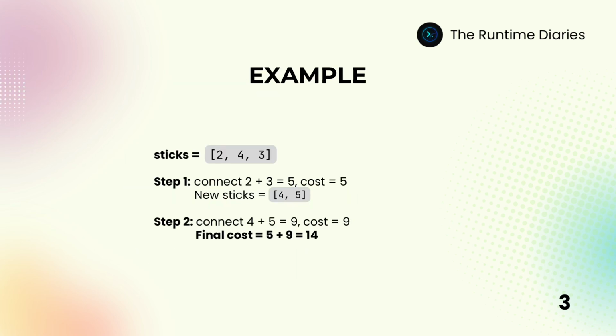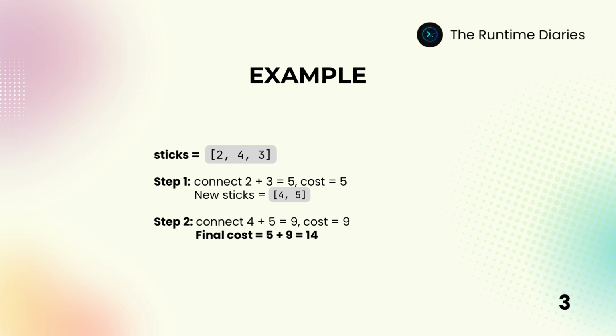So let's take a simple example. Sticks equals, from left to right in the array, 2, 4, and 3. First, connect the two smallest. 2 plus 3 equals 5.